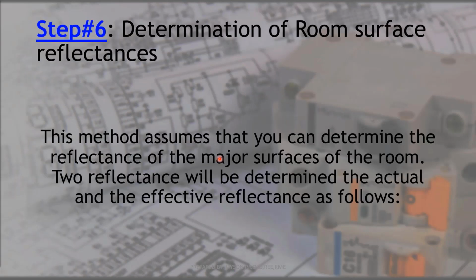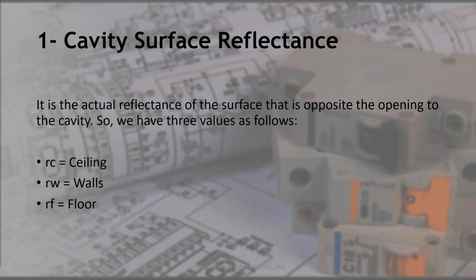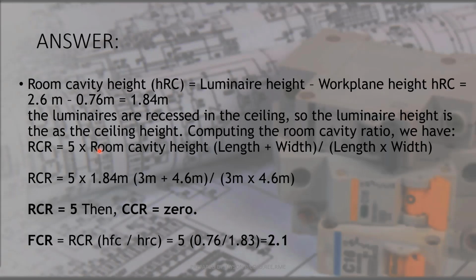Then the work plane height is 0.76, that table. Therefore, your room cavity height is 1.84 meters. The luminaires are recessed in the ceiling, so the luminaire height is the ceiling height.